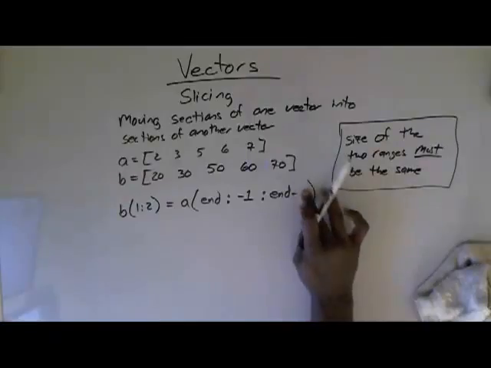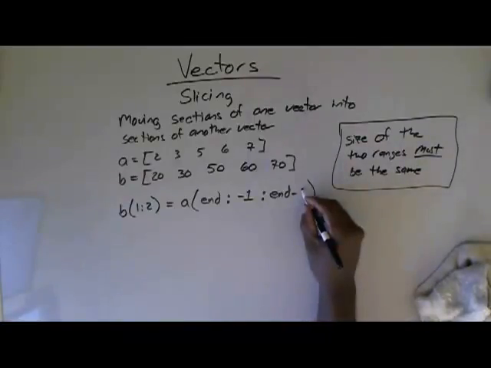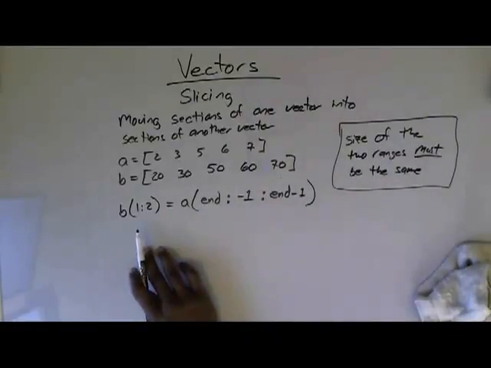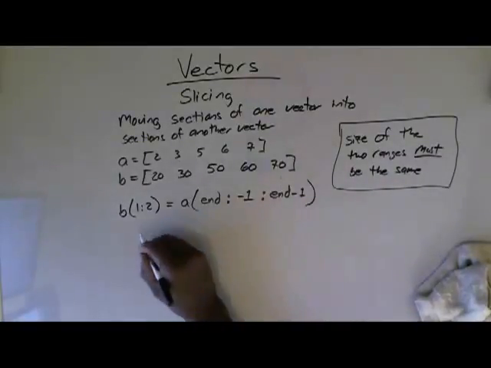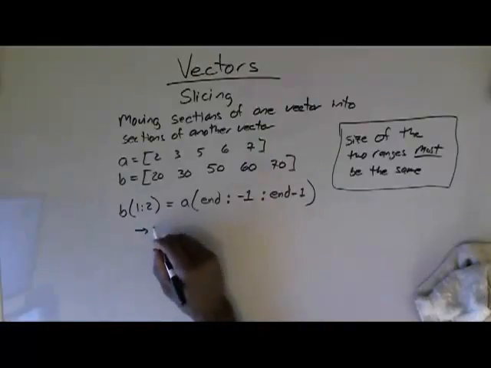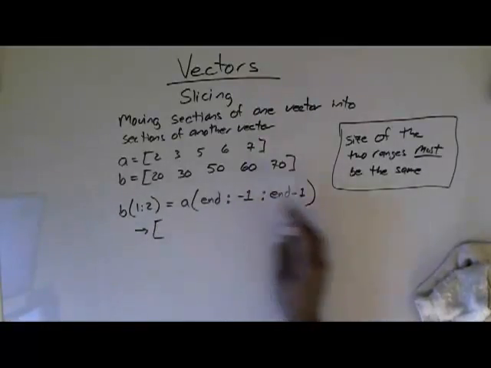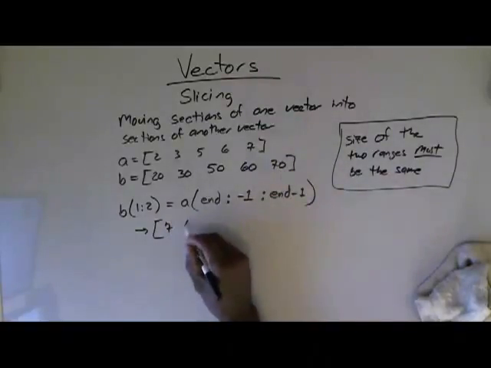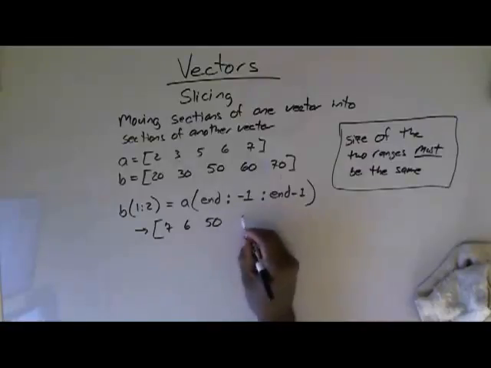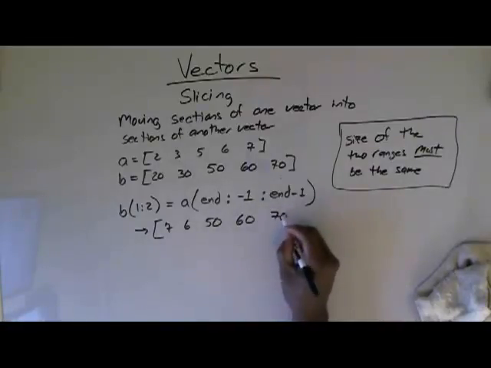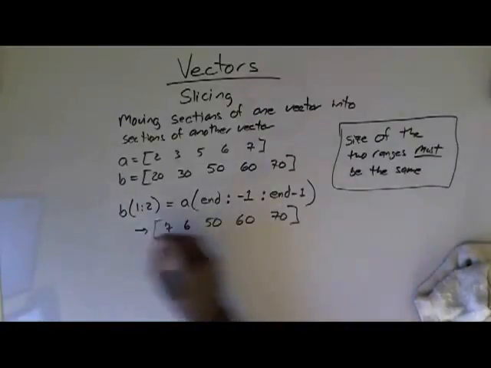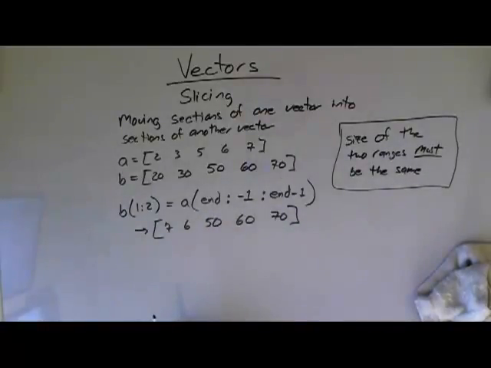If I did end -1 here, 7 and then 6, then they're the same size and this would work. So positions 1 and 2 get replaced by 7 and 6, everything else remains the same. So it's 7, 6, 50, 60, 70. Remember, these two have to be the same size.